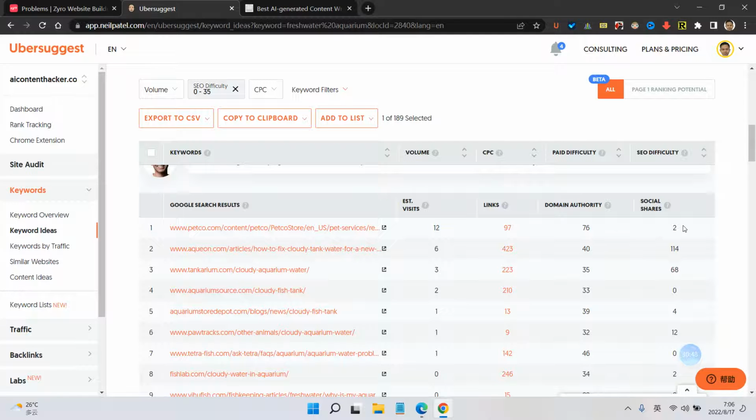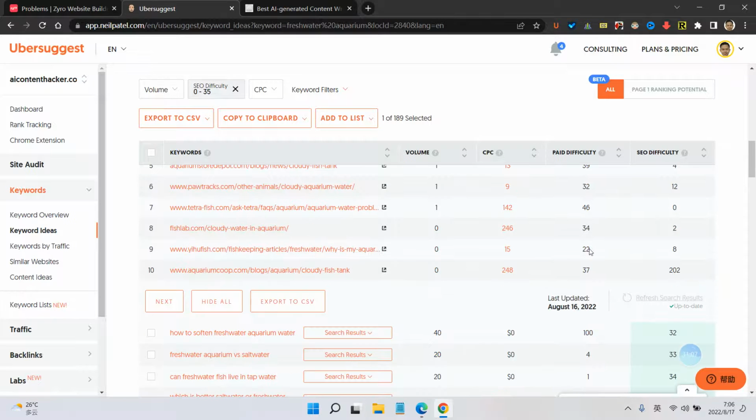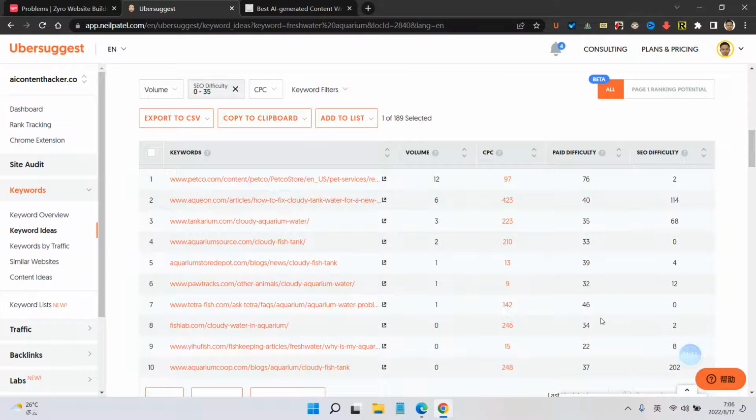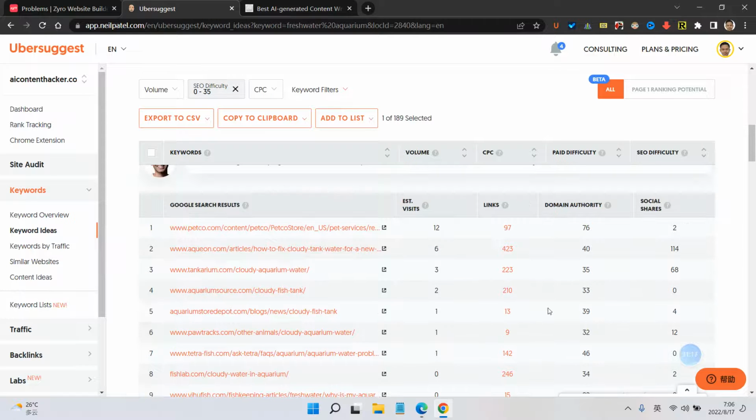They have 2 social shares, and there are domain authorities. Domain authority is something that rises when you build a lot of links and have a lot of content. If this part is maybe over 50, it will be very difficult to rank.